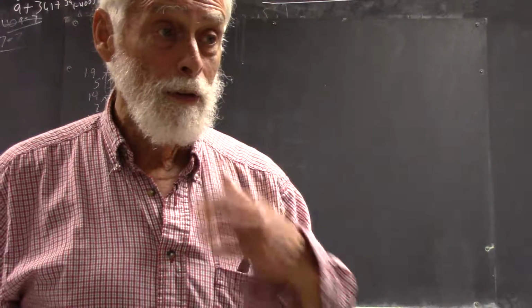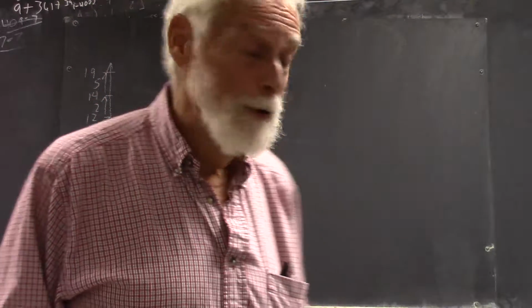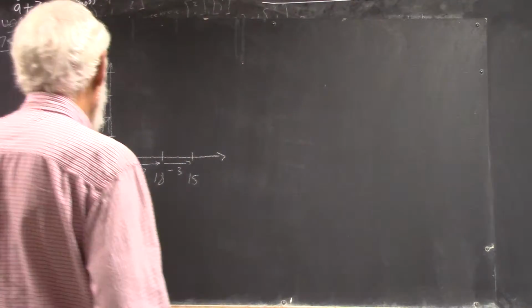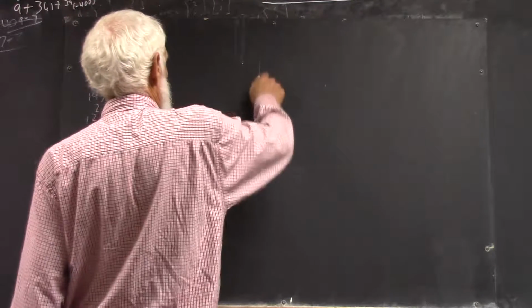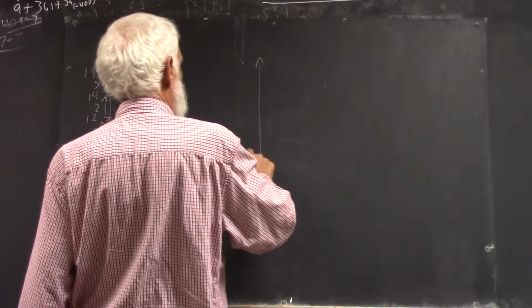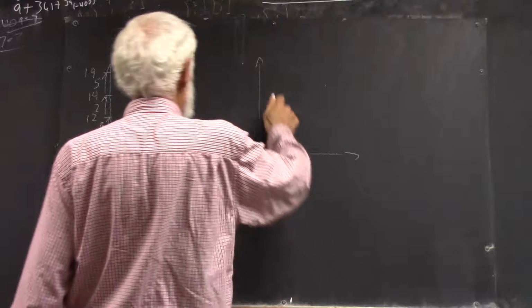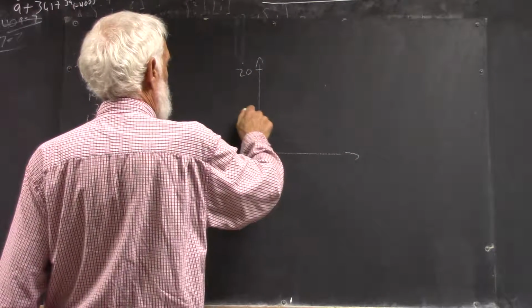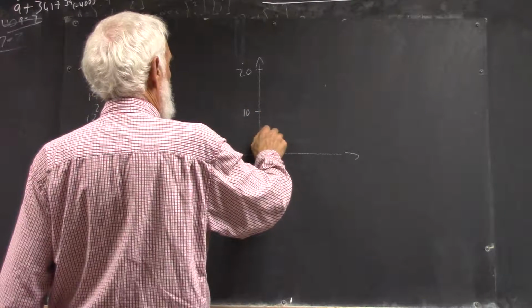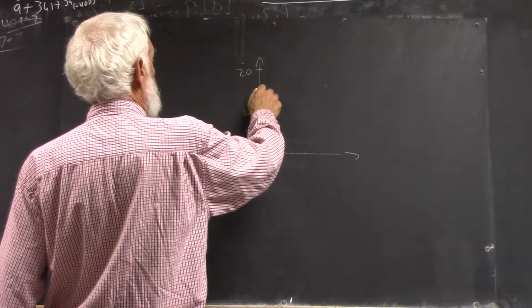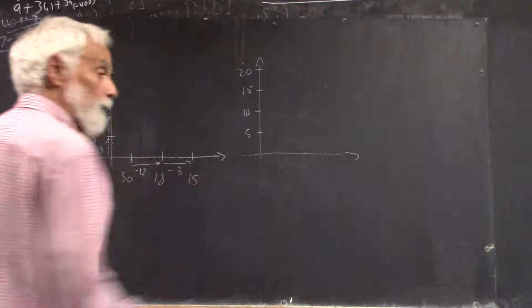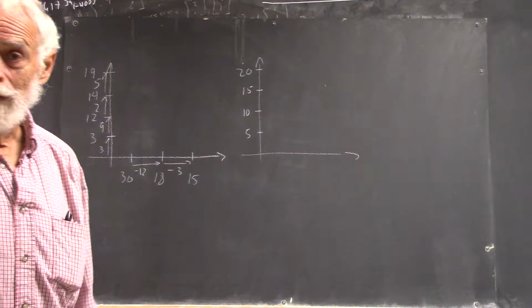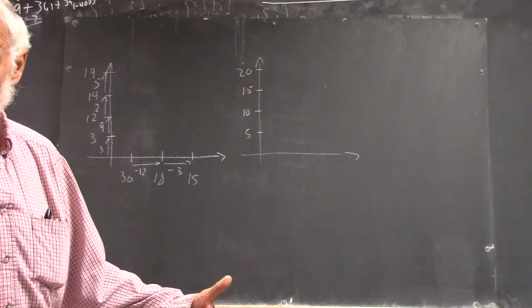So make sure you know how to scale a graph. What you do is, if I had these numbers, I would say, okay, here's 20, half of that's 10, half of that's 5, and you've seen me do this numerous times, so make sure you understand why I'm doing what I'm doing, right?